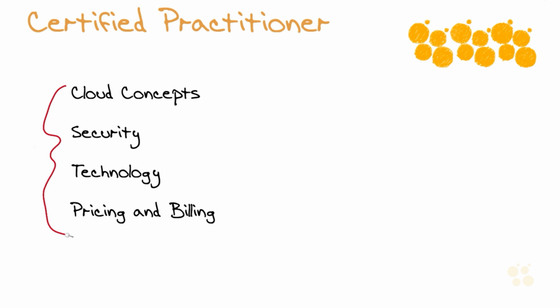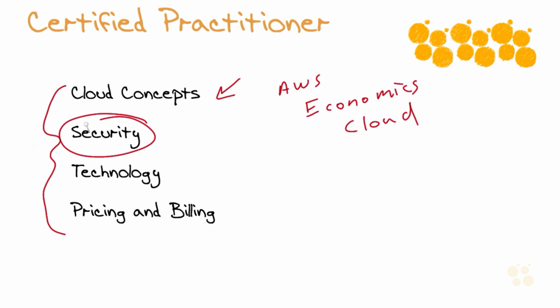So our nuggets or videos will be focused around cloud concepts, things like what really is AWS, and what is the economics of the cloud that makes AWS so exciting. We'll take a look at many important security topics, including very important resources that Amazon Web Services makes available for us that you're going to want to be aware of. Then, by far, the largest part of this course will be the Amazon Web Service technologies themselves.